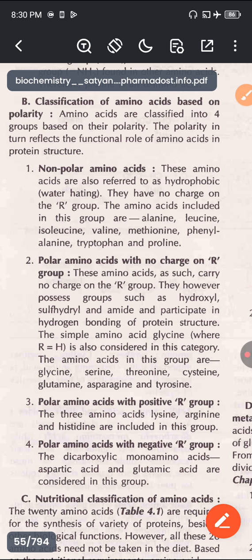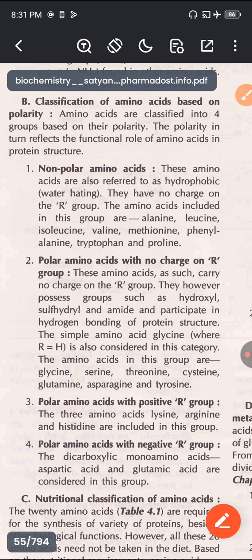So the second one is polar amino acids with no charge on their R group. These amino acids carry no charge on their R group. However, they possess groups such as hydroxyl, that is amino acids that have OH, and some have sulfhydryl and amide groups, and participate in hydrogen bonding of protein structure.